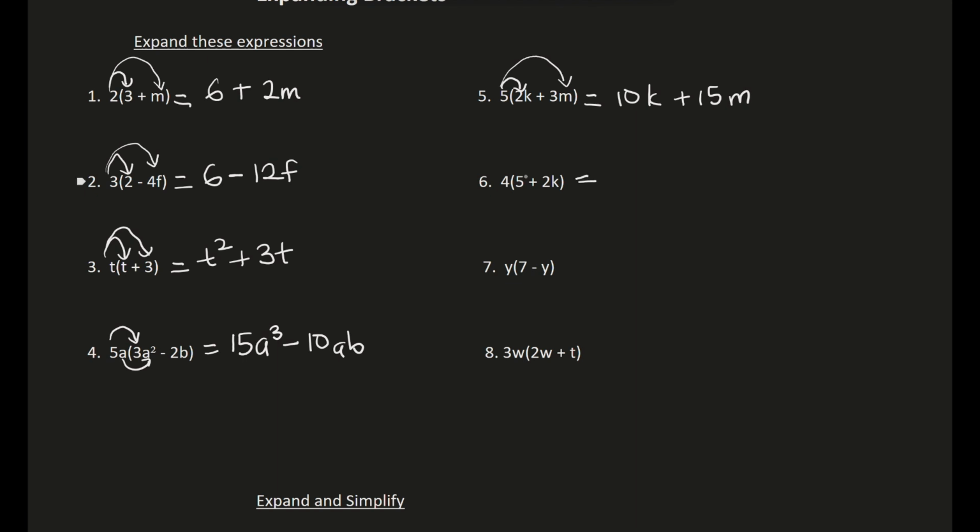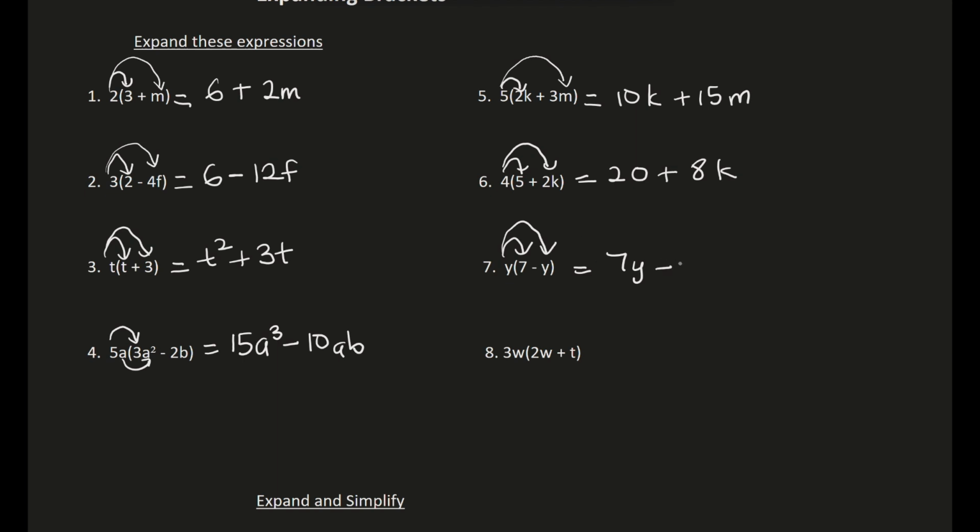Question 6. 4 times 5, that is 20. And then 4 times 2k, that's add 8k. Question 7. y times 7, which gives me 7y. And then don't forget, positive times negative is negative.